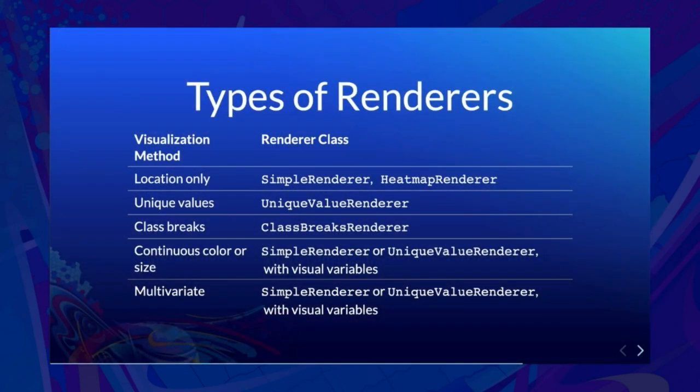So here we see different methods of visualizing data and the renderer classes that we can use to accomplish that type of visualization. I won't explain all of these renderer types here because we're going to see a demo with a few of them in just a minute, but I just wanted to show the range of visualization methods available and the many renderer classes that you can use to achieve those types of visualizations. But without further ado, let's take a look at a demo.